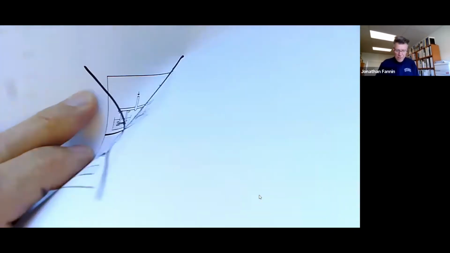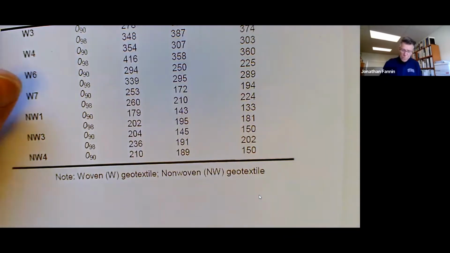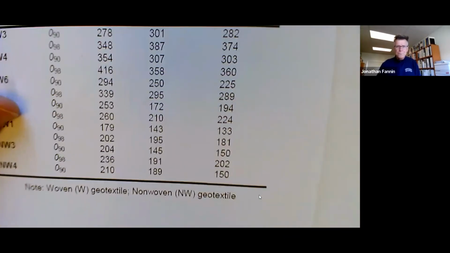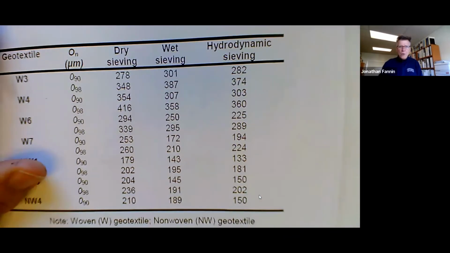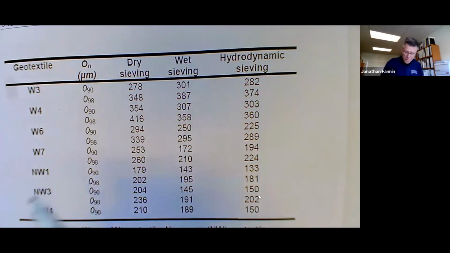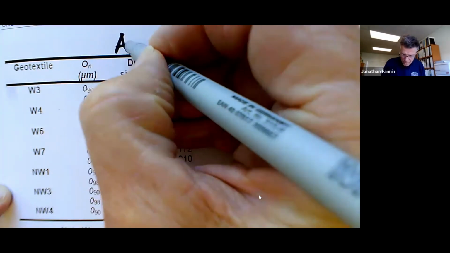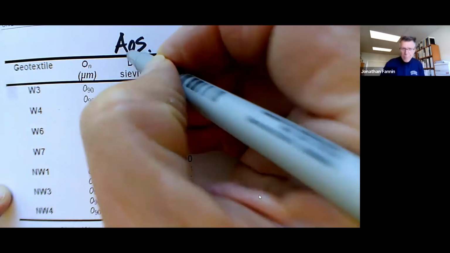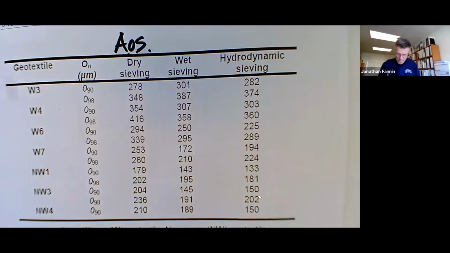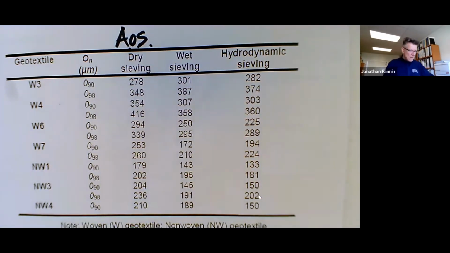So we can go to the page and speak to getting an opening size, either the AOS, which is the apparent opening size from the ASTM standard test method, and in fact other standards also work off the same basis.